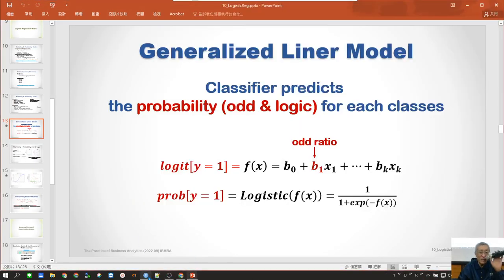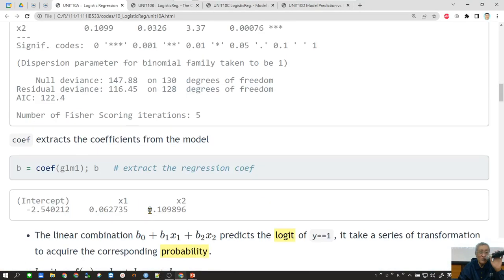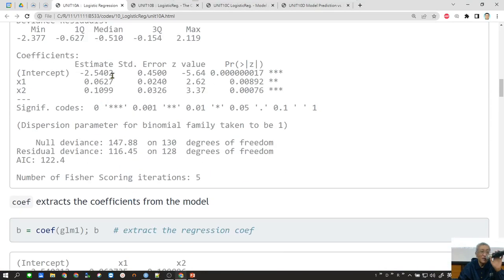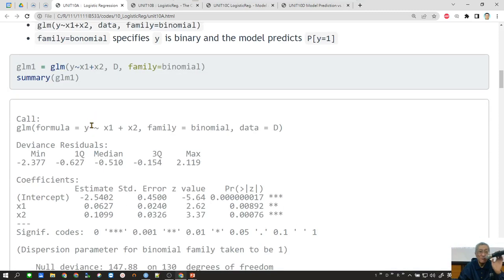So we can estimate the coefficients using the same way as we did last week in the linear model. They are not very difficult to do.